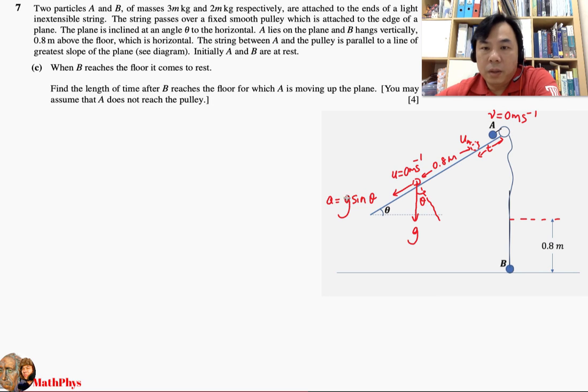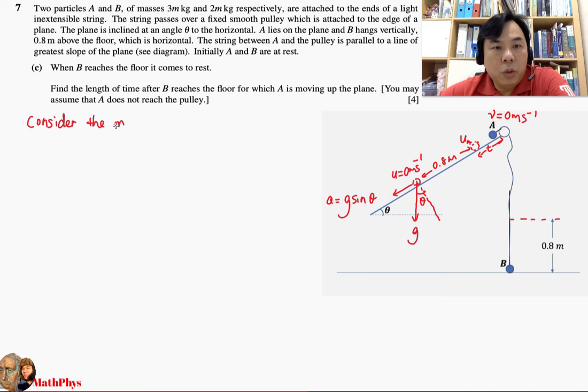Okay, g sine theta. So let's consider the motion from point P to Q first.